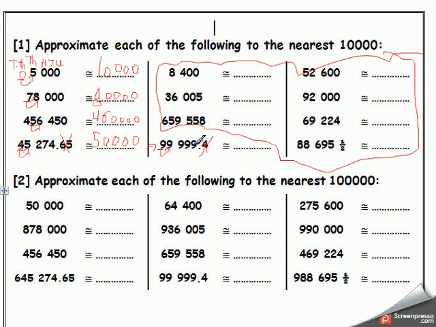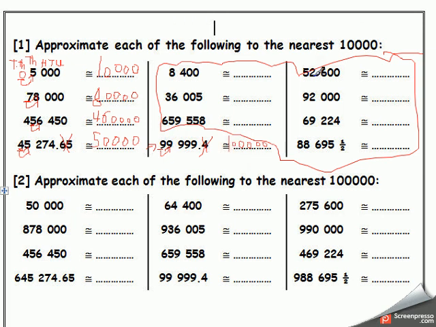The first step, I replace all digits before 10,000 by 0: 1 zero, 2 zeros, 3 zeros. Replace the 9 by 0, the second 9 by 0, the third 9 by 0, the fourth 9 by 0. The last 9, I will increase it by 1 because 9 is strong, and it becomes 10. Excellent.